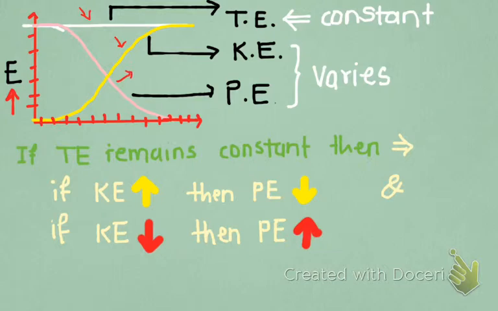The white line is straight, so that means total energy is constant. If kinetic energy increases, then potential energy decreases, and in the same manner, if kinetic energy decreases, then potential energy increases to maintain the total energy as constant.